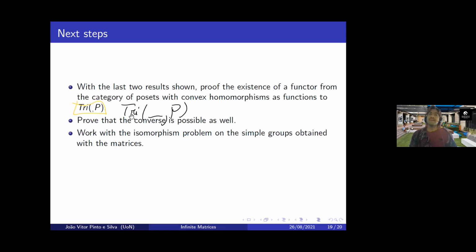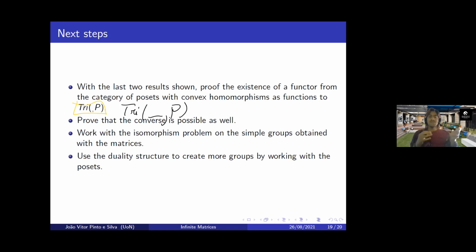Finishing with that, I have a result about the isomorphism problem of these rings. So I want to try to translate it a little bit to the group side of things and maybe work out a way to talk about the simple groups being isomorphic or not. And last but not least, also use this duality structure to create more groups by being able to work with the posets more freely, using more of the properties that I can have on posets.